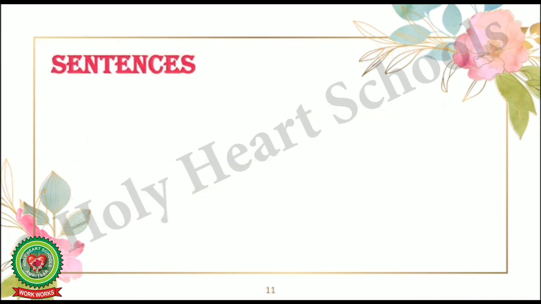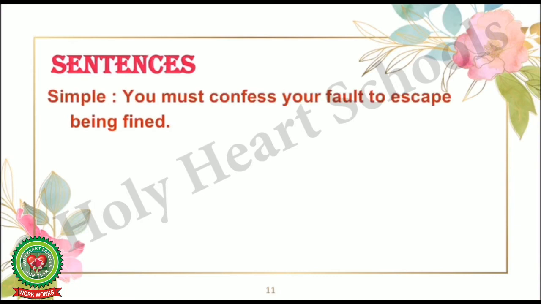Now coming up to those sentences where we have a choice. Students, for choice we use or, either or and otherwise. Now see the first sentence, that is, you must confess your fault to escape being fined. Here we have two alternate conditions. First is confessing your fault and the second is to pay fine.